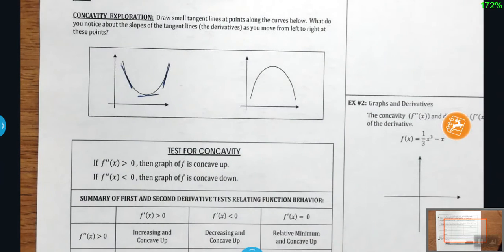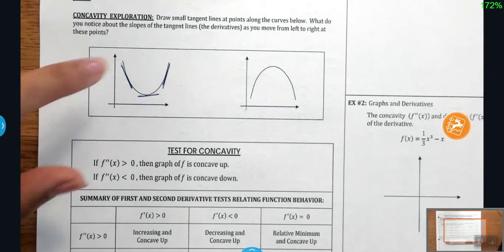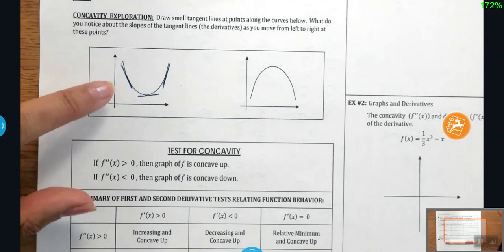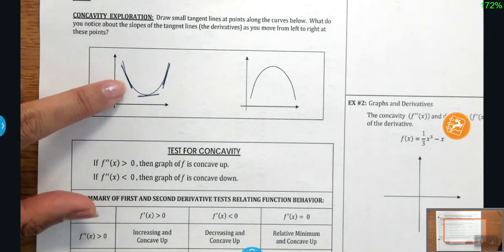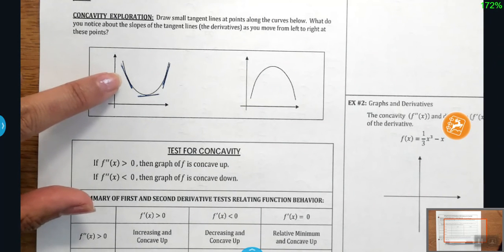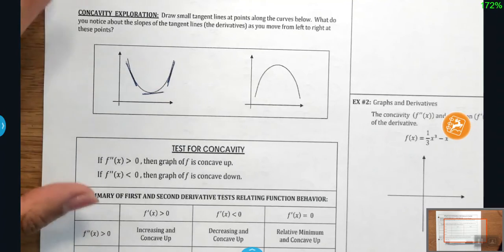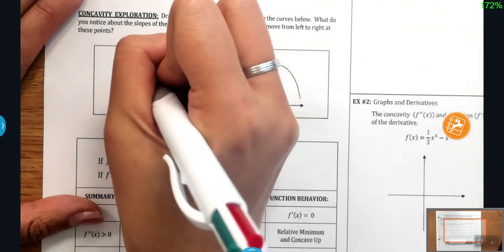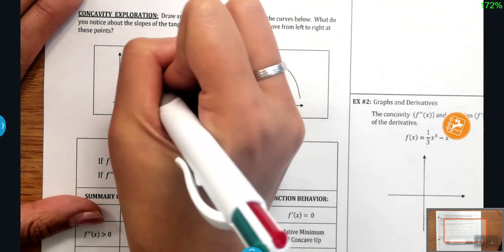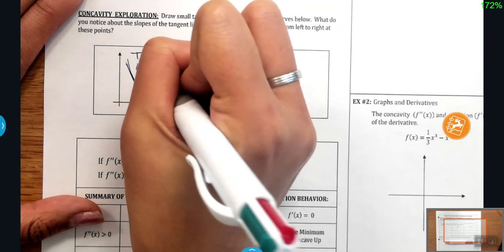On the outside. They're below the curve, right? So this is important to note, especially when we do linearization. If it's a concave up graph, all tangent lines lie below. So concave up, tan lines are below.